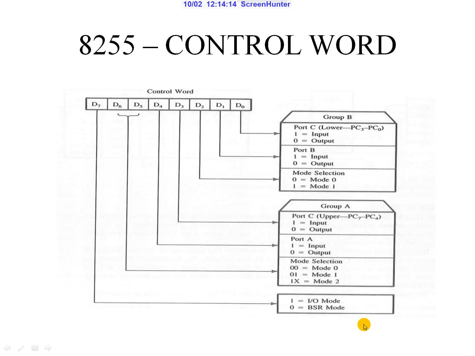And the D7th bit is going to be used to select either input output mode or BSR mode, that is the bit set or reset mode. The difference between these two modes is as follows. Bit set and reset mode is only used for the port C pins. Port C has 8 pins.